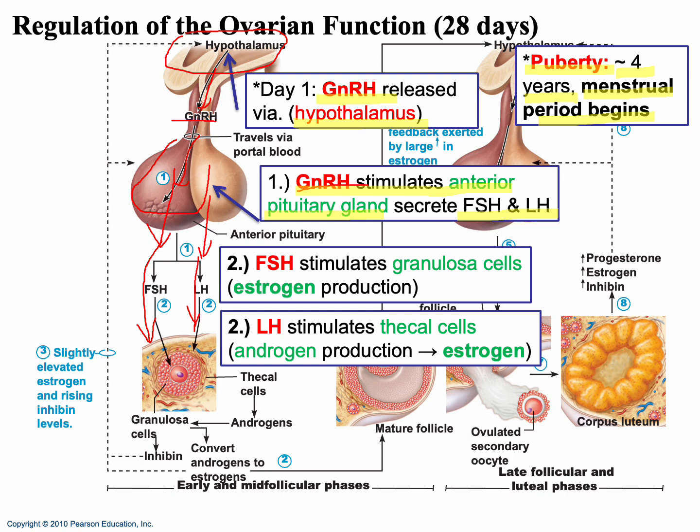Once they get there, FSH will go ahead and interact with the follicles in the ovarian cycle and will interact with the granulosa cells and really will stimulate that estrogen production. While the luteinizing hormone, LH, will interact with the thecal cells and will be a big role player with androgen production. And likewise estrogen. But not just estrogen, it can also play a big role with production of progesterone too.